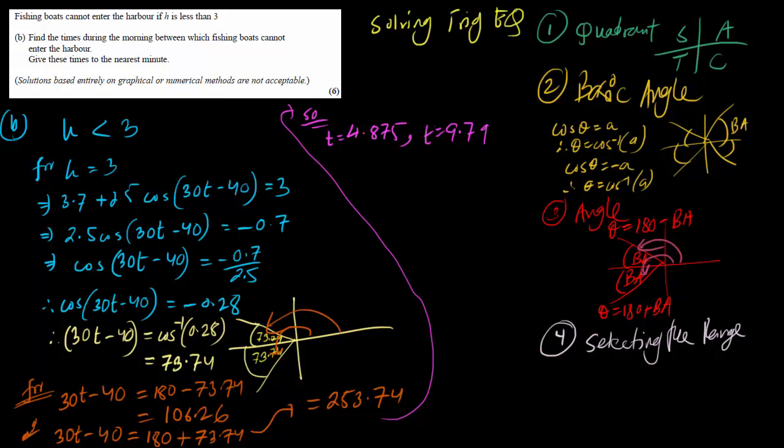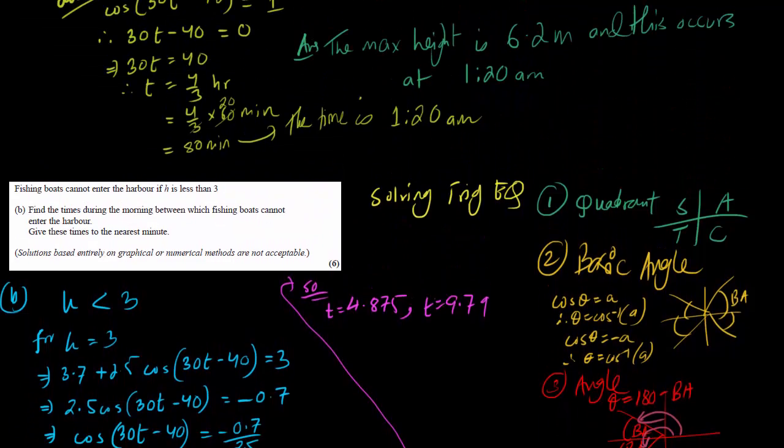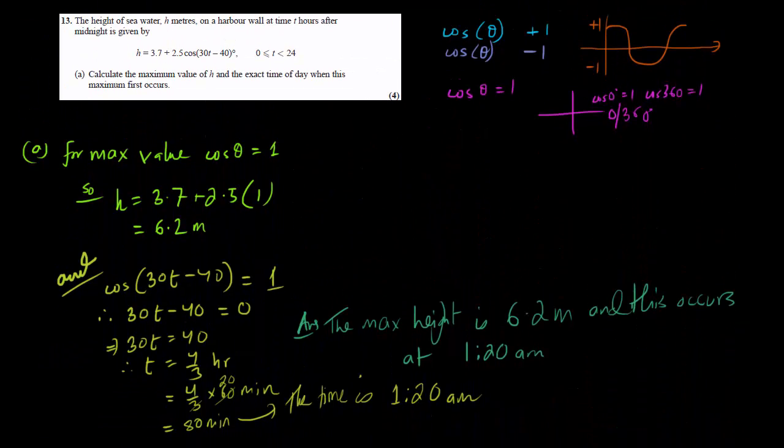But based on what range we have, we might have to take another revolution, meaning from 360 to 720 degrees. And for that, we have to check what the original question said. Now remember, in the original question, time was given from 0 to 24. So the value of time was from 0 to 24. And we found two values of time.